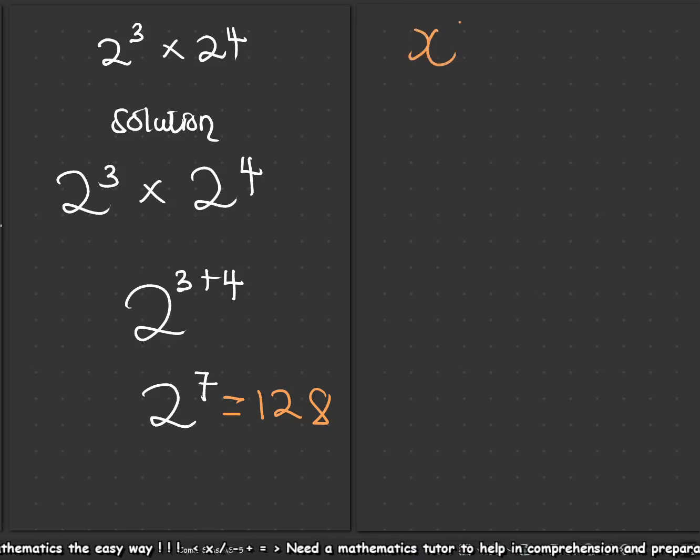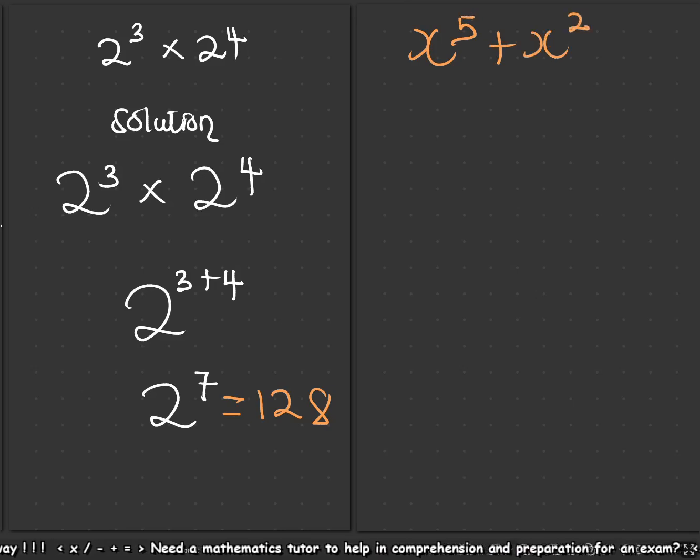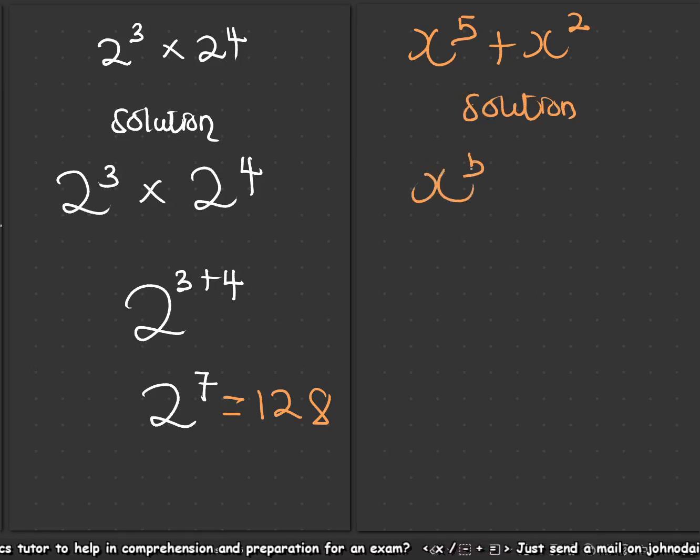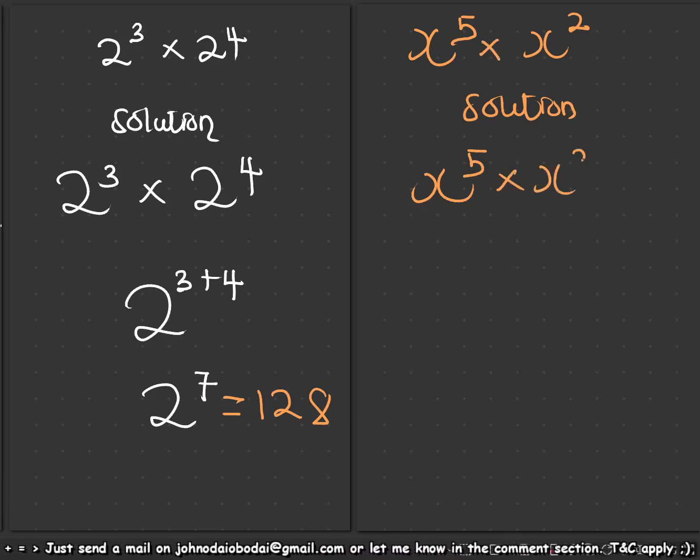We have x to the power 5 plus x to the power 2. Sorry, not supposed to be plus, but times. So take note, it is a multiplication we are doing: x to the power 5 times x squared.